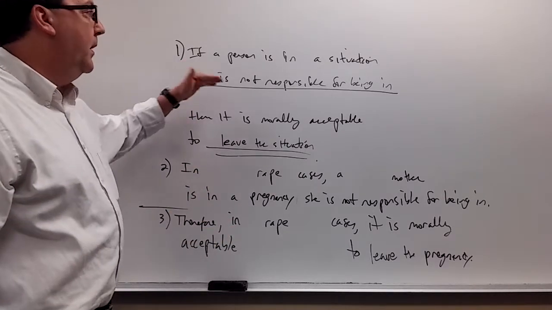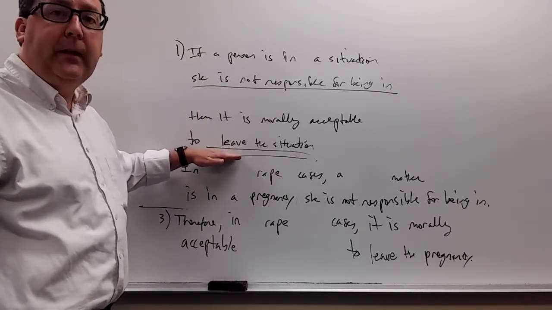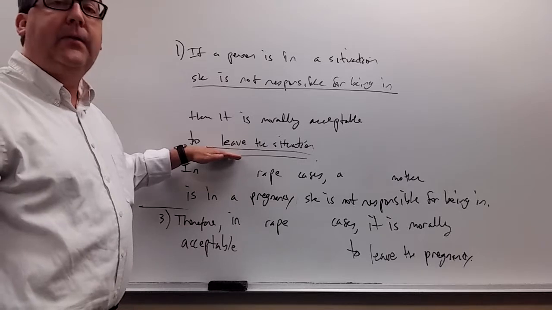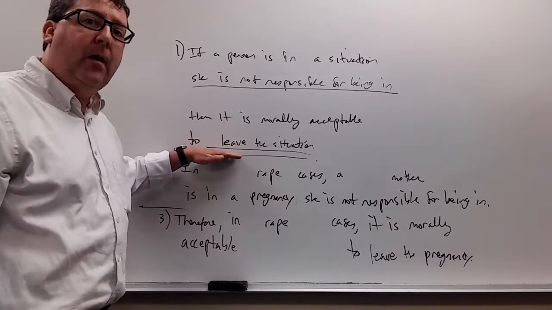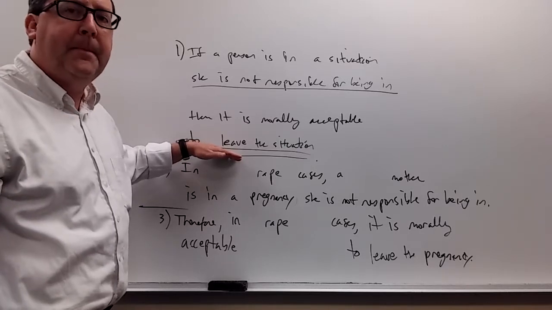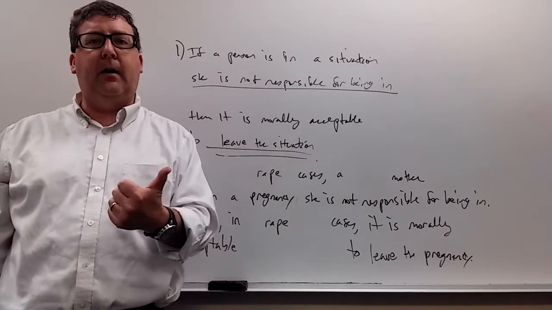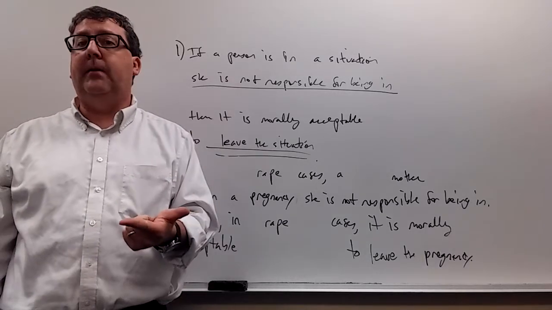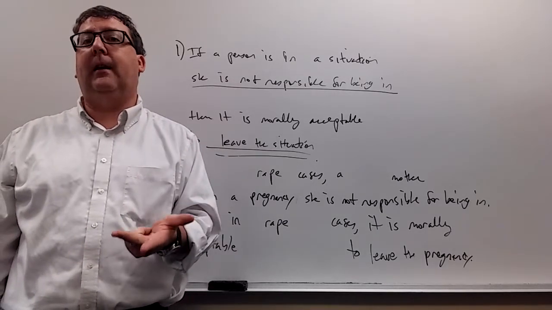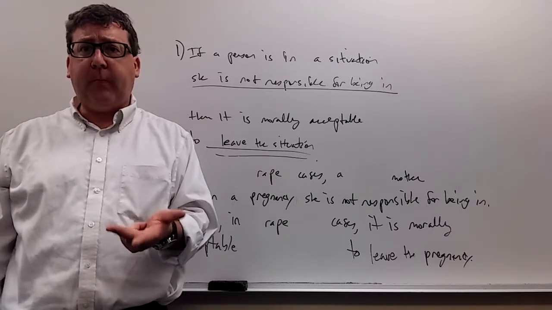According to premise 1, because you're not responsible for the accident, it's morally acceptable for you to leave, but I don't think it's acceptable to leave. You should stay and help by calling or waiting for the ambulance or something like that. Notice that in that evaluation, the person's saying it's not a good argument, they're saying which premise number they disagree with, and they're giving an example to explain their disagreement.